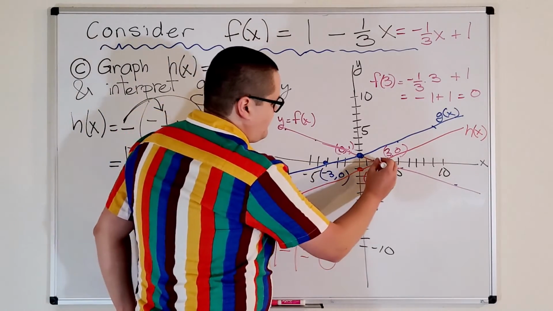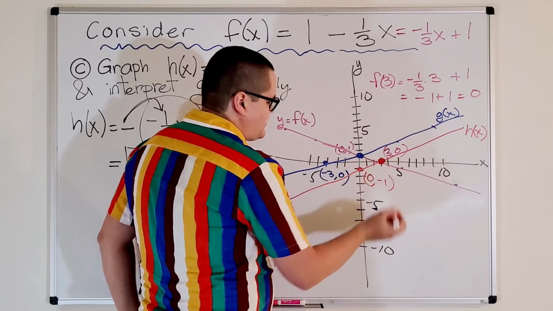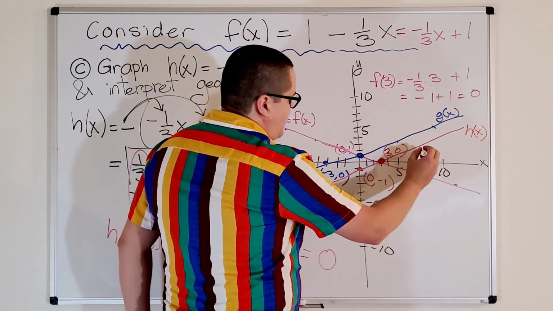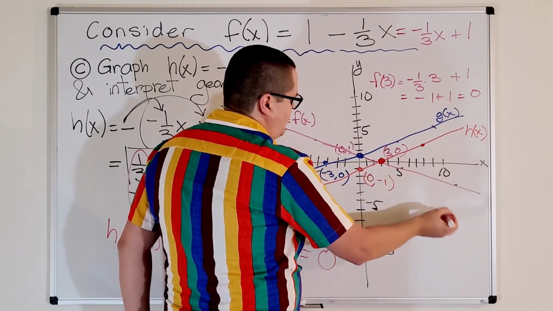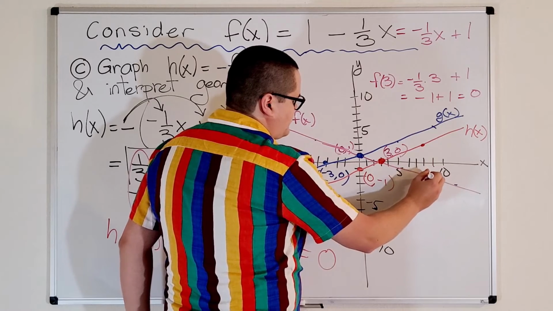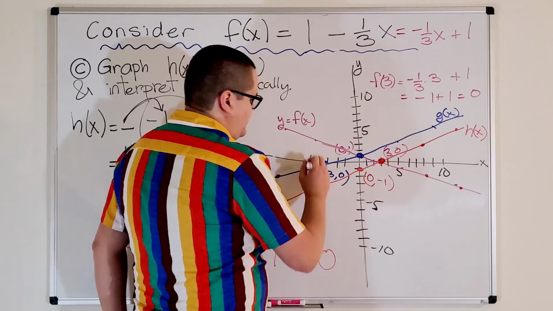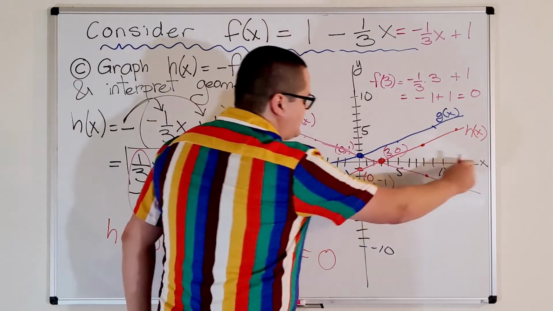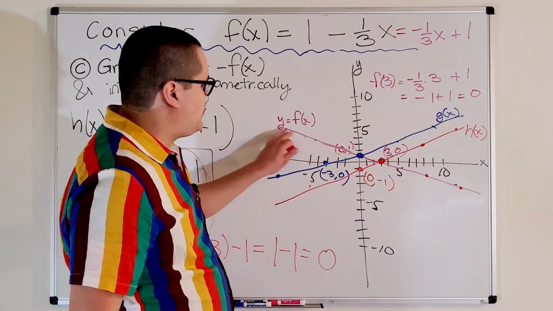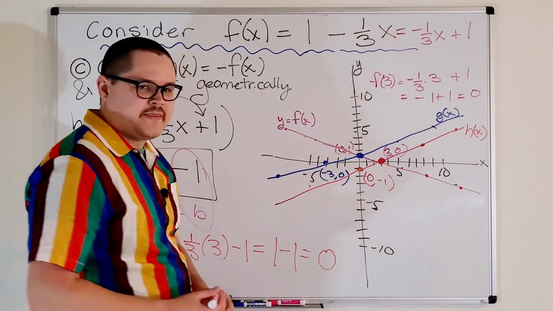Right? So such a reflection preserves any x-intercept, and it maps any point on the graph of f of x to its reflection over the x-axis. Okay? So the x-axis is an axis of symmetry of these two functions.